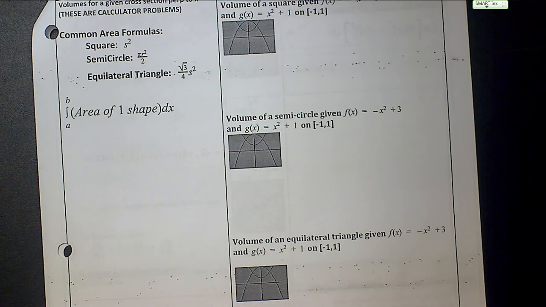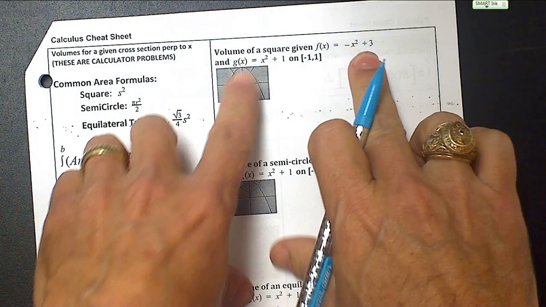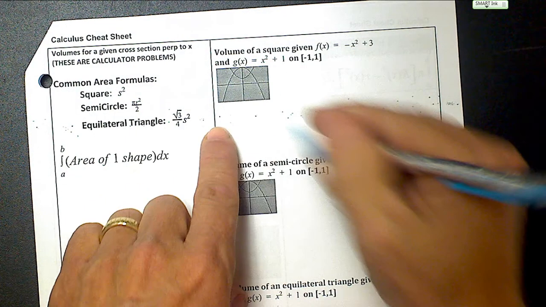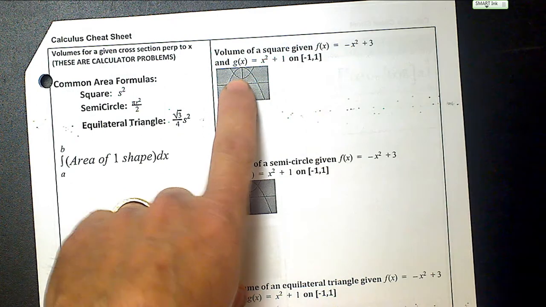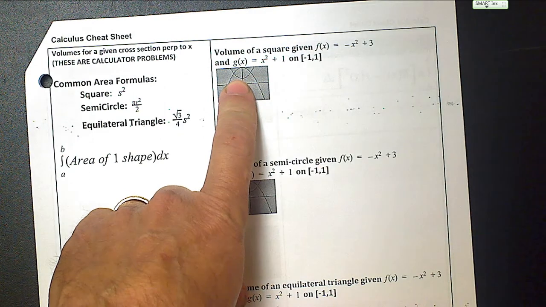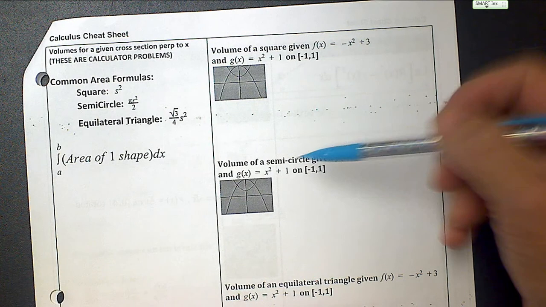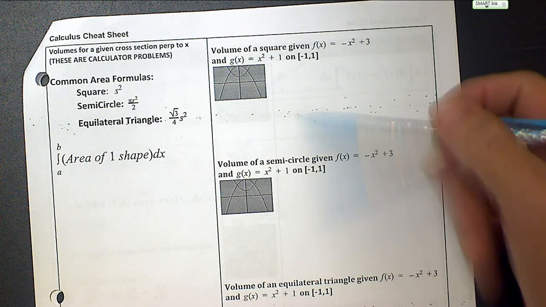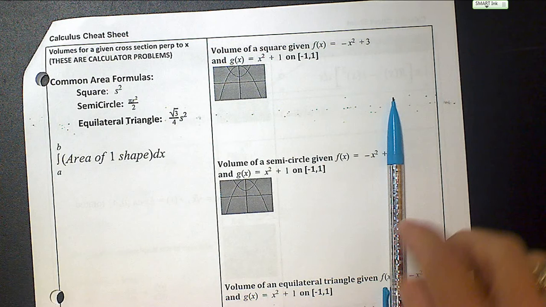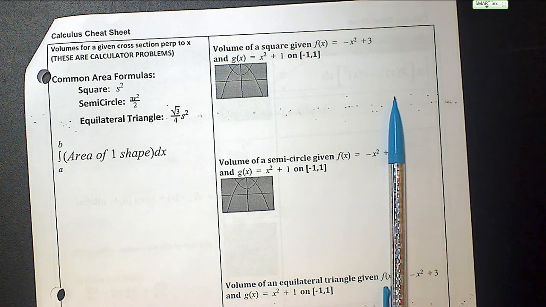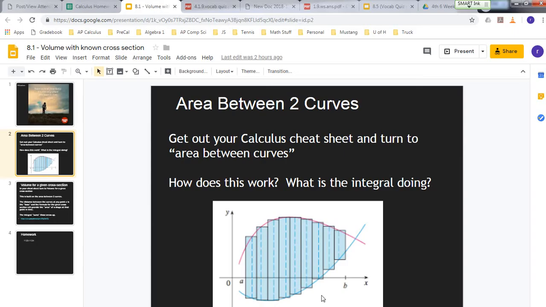All right, so the two equations, f and g, are negative x squared plus 3 and positive x squared plus 1. And I've graphed them out so you can see them right here. What I'm building on top of that is a square, a semicircle, and an equilateral triangle. And we'll build these 3 shapes on top of that. I've got a website out here too that I'm going to show you. A couple websites actually.